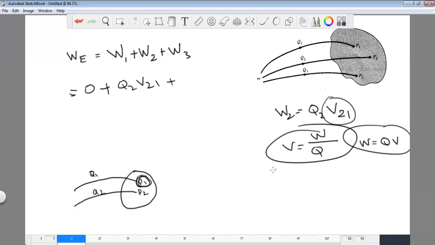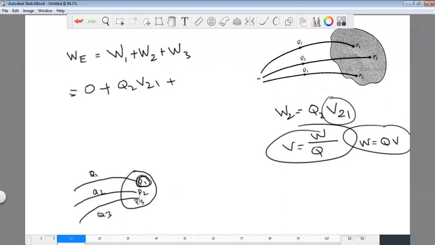Plus, what about W3? Q1 is already placed at P1 at the starting, and Q2 is placed at P2 with some opposition due to Q1. Here I'm going to move Q3 to P3.